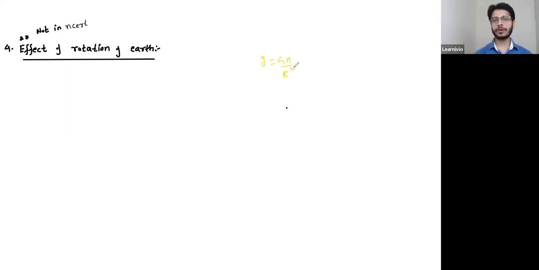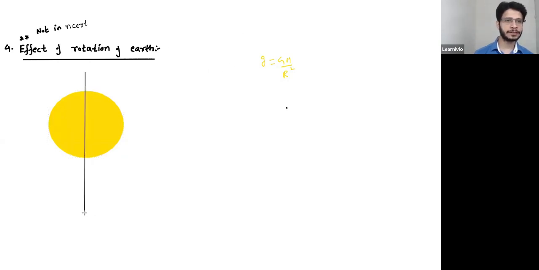So, due to rotation of Earth, there is one force which is acting on the body. So this is Earth. This is the axis passing through it. Now, if I don't consider the rotation of Earth, this is center of Earth, and I place a body of mass m here.